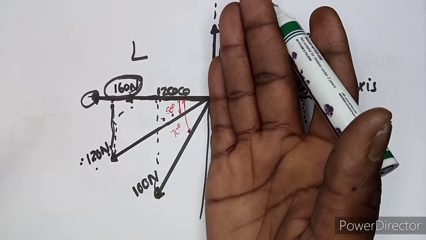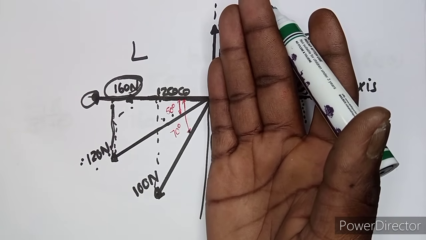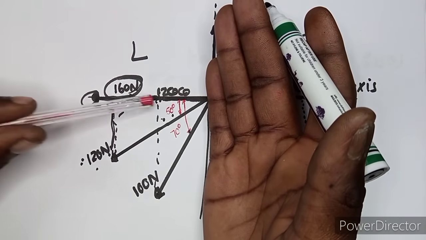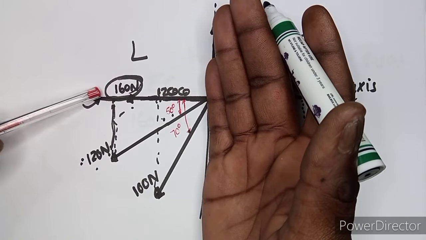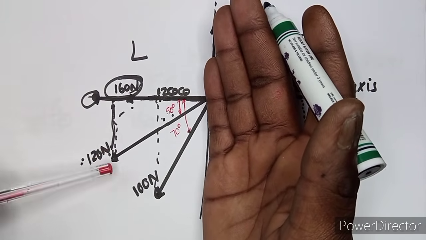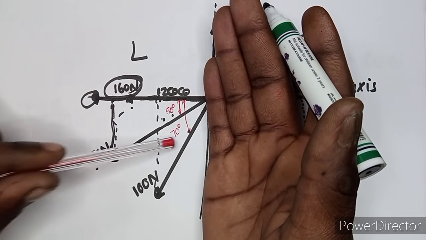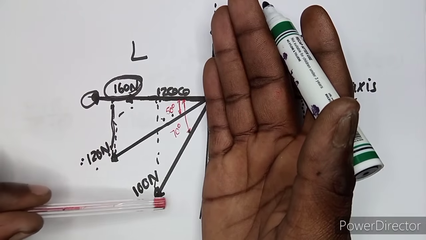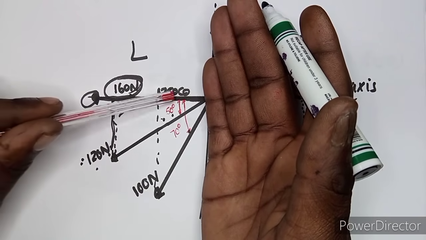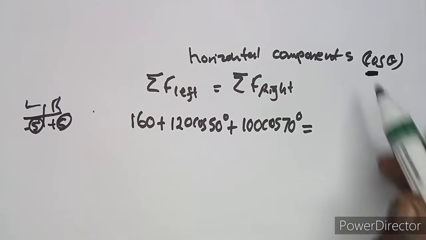We only had 1, 2, 3 on the left side. This one is already a horizontal, so it's just taken as it is. But for this one there's an angle, that is why we use 120 cos 50, also 100 cos 70, because there is an angle between that force and the horizontal line, and whatever is in the horizontal line uses cos theta.